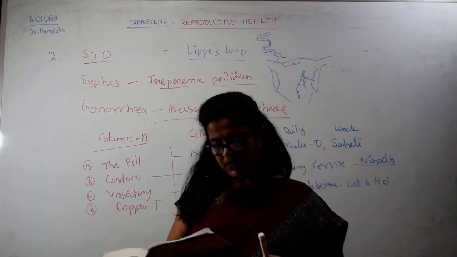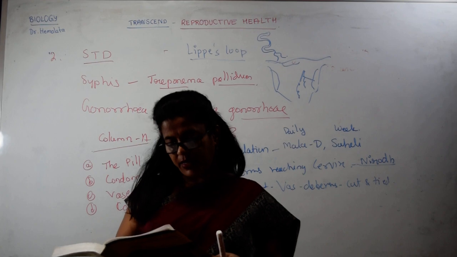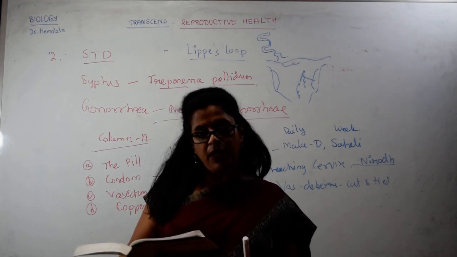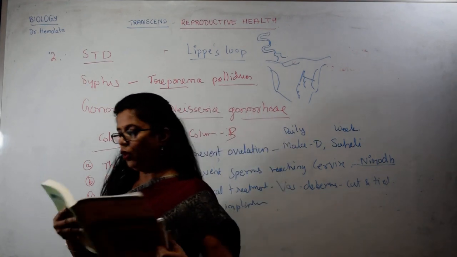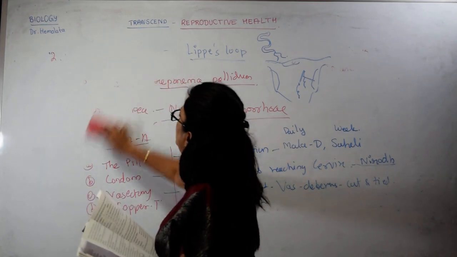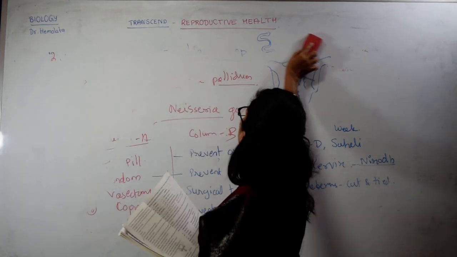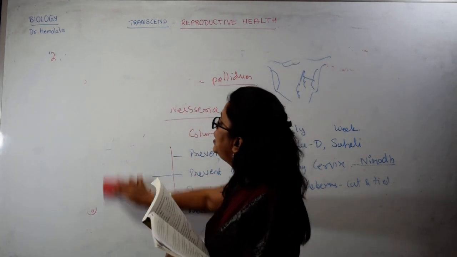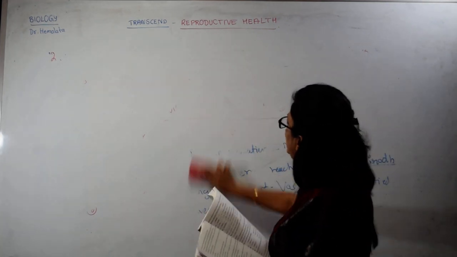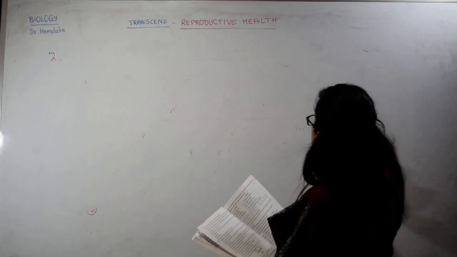Which of the following is correct regarding HIV, hepatitis B, gonorrhea, trichomoniasis? These four different diseases are given. Let me give you the answer and why it is the right answer. Because mostly what happens is, you may have the answer keys, but you don't know why it is right.